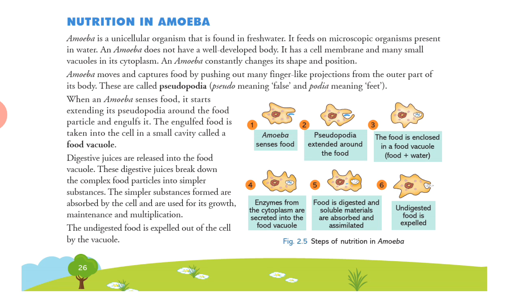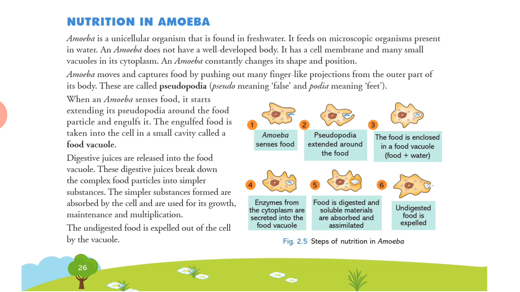Got it? Now, fourth step, enzymes from the cytoplasm are secreted into the food vacuole. You can see in the fifth step the food is digested and soluble materials are absorbed and assimilated.